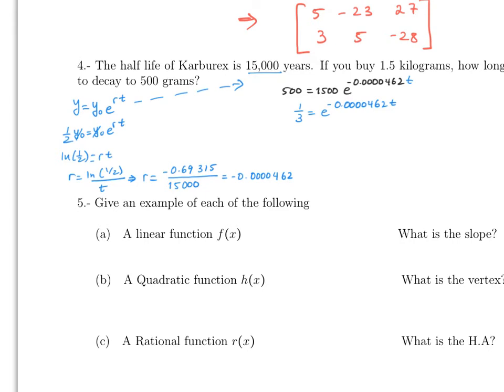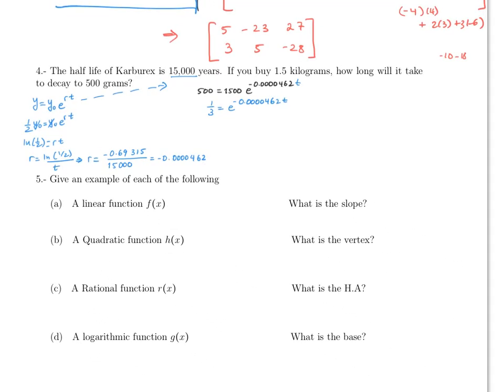So if we take a log on both sides, from here we will end up with ln of 1/3 is equal to negative 0.000046 t. So therefore t is going to be ln of 1/3, or remember ln of 1/3 is just technically minus ln 3, divided by this.